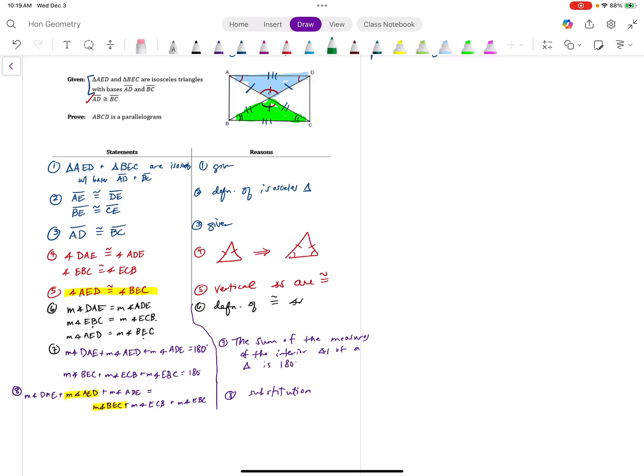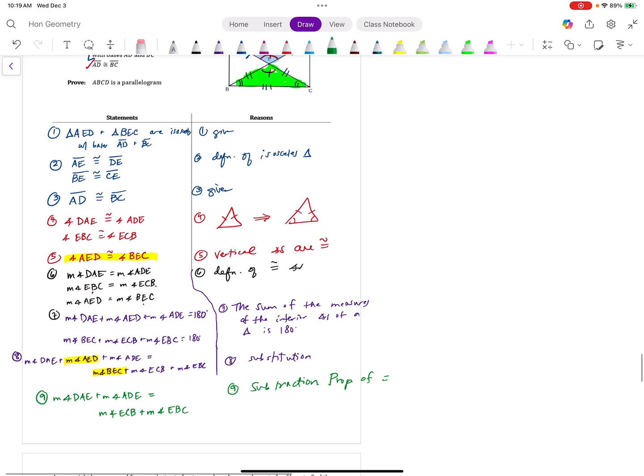So I can subtract that off each side, which leaves me with the measure of angle DAE added to the measure of angle ADE equals the measure of angle ECB added to the measure of angle EBC, because that's the subtraction property. I just subtracted one equal thing off each side.